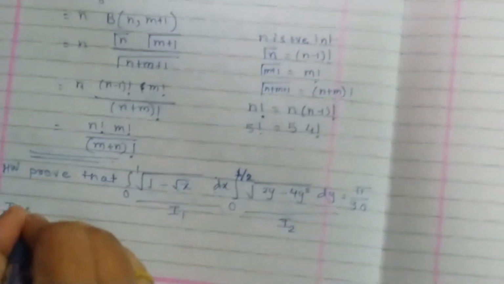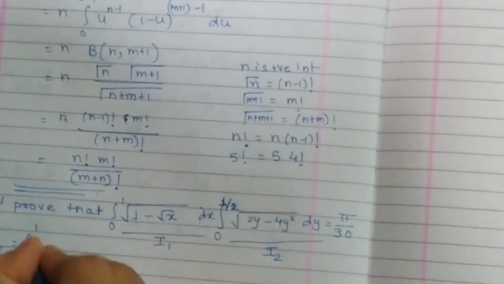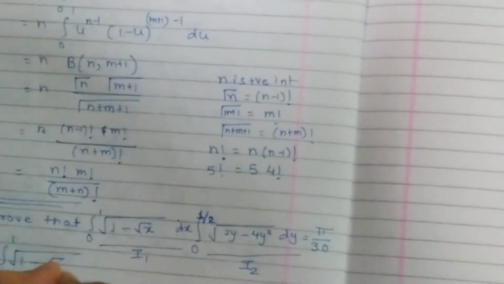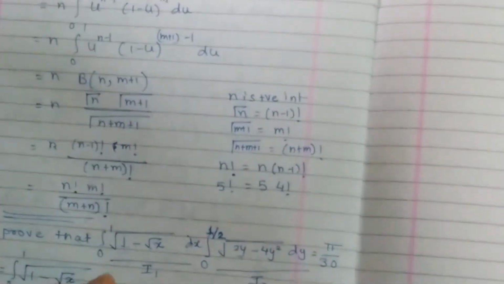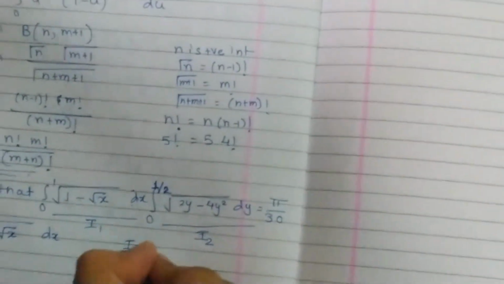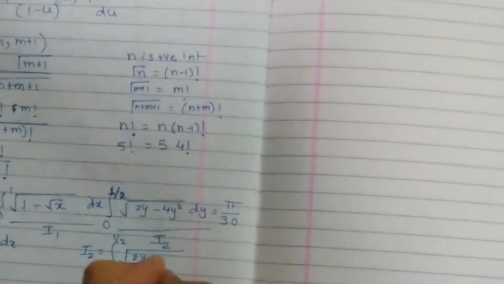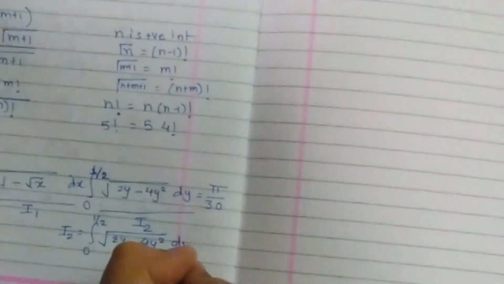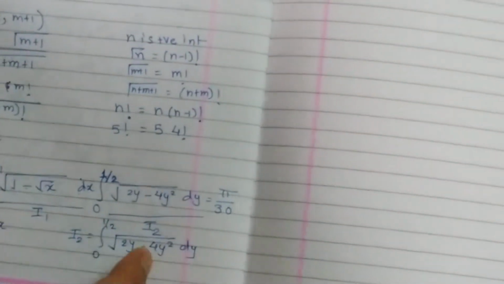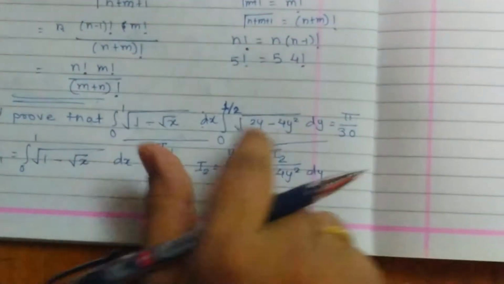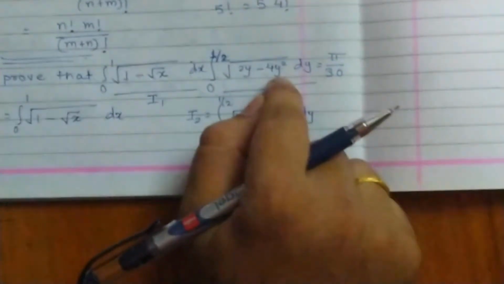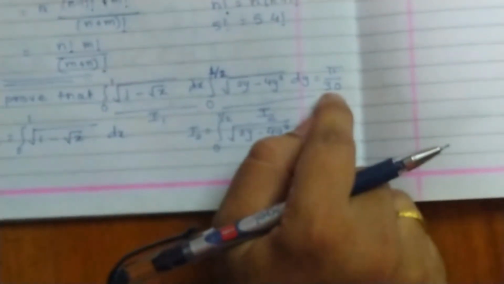I will try to solve I1 first: the integration from 0 to 1 of square root of (1 minus root x) dx, and then I2: the integration from 0 to 1 by 2 of square root of (2y minus 4y square) dy. Once I compute the values of I1 and I2, I substitute them into the left hand side of my requirement statement. On simplification, I would like to show the answer is pi by 30.